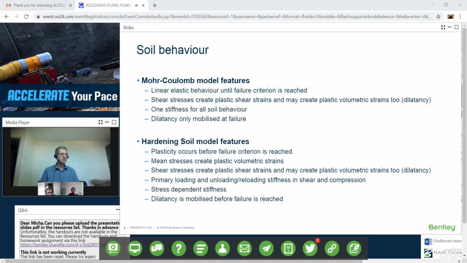So we can really specify what the stiffness of the soil is if I try to compress it, or if I try to shear it, both under primary loading, or when I do an unloading-reloading on it. Those stiffnesses are not constant in the hardening soil model. They depend on the stress level, and we will see in a few slides how they depend on the stress level. And as I already said, dilatancy is mobilized before we actually reach failure.